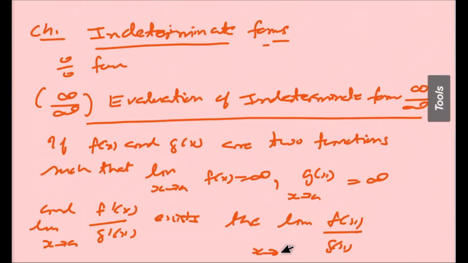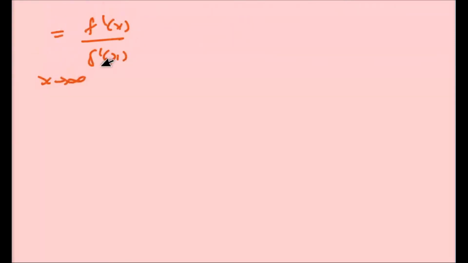This limit is a, and this is also limit x tends towards a, f dash x, g dash x, if g dash x, x tends towards a, is not equal to 0.